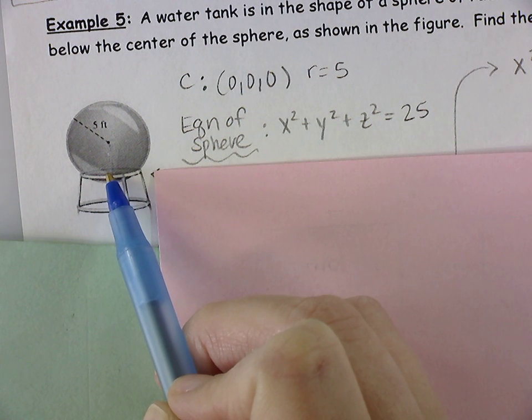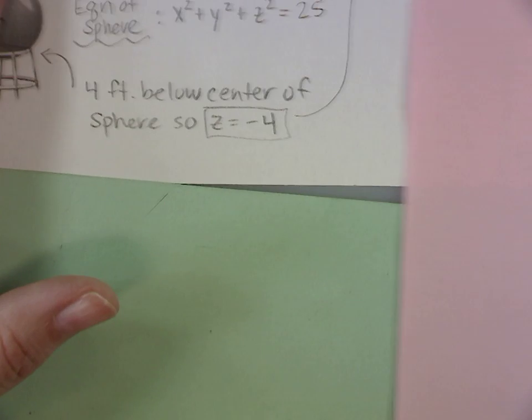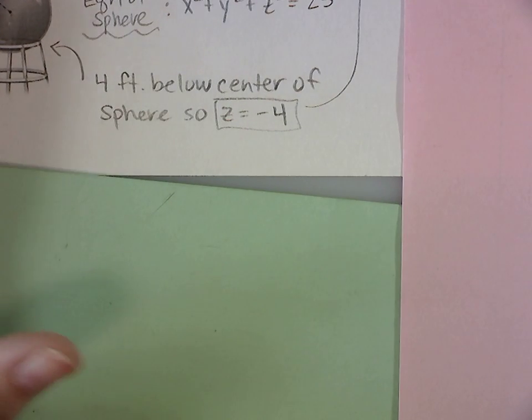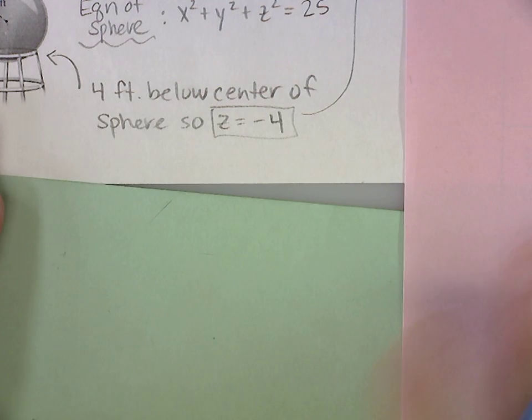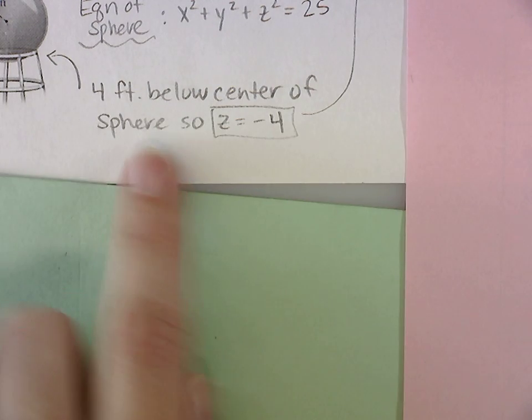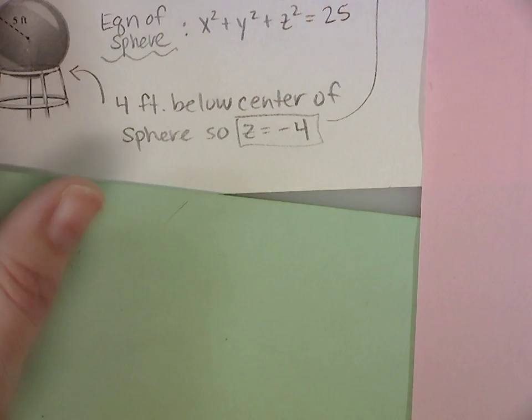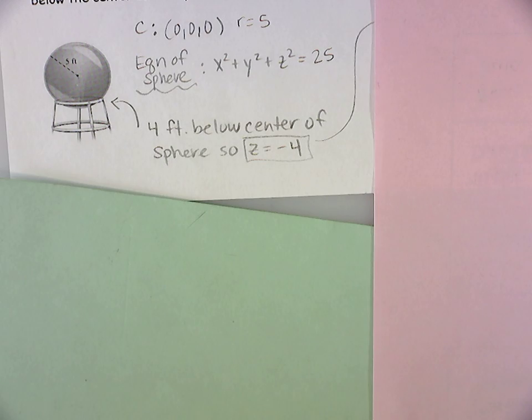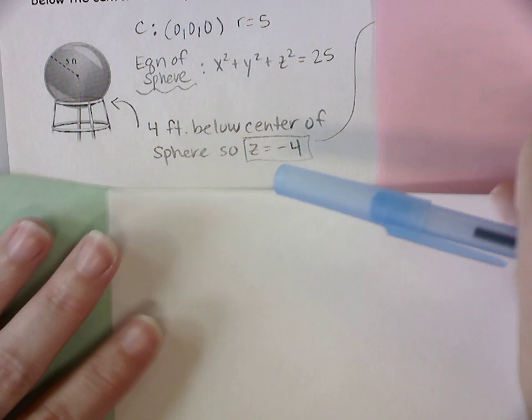It'd be negative 4. Why? Because they tell you it's 4 feet below, right? Okay, so if it's 4 feet below the center of the sphere, the z value is going to be negative 4. So we're going to substitute that into our equation. Okay.